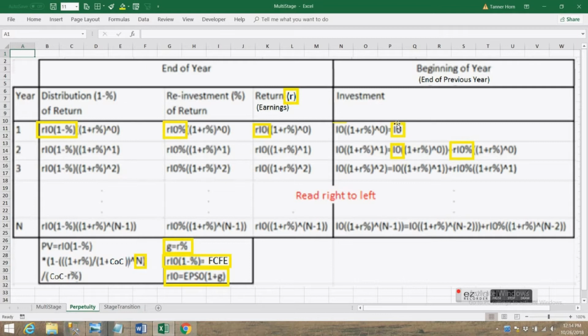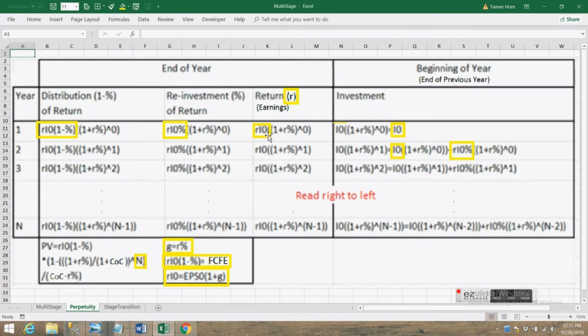But to briefly go through it, we're assuming here that an investor makes an initial investment, let's say in a brand new company, an IPO type company, at time 0, so that's referred to as I naught. That's not the number 10, but I naught. There's some initial investment made at the beginning of the year.